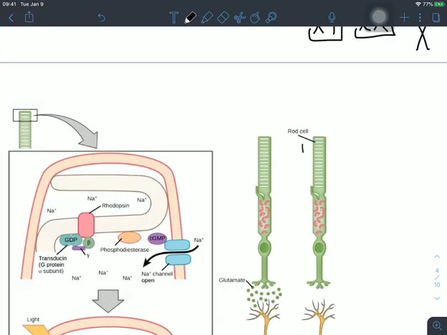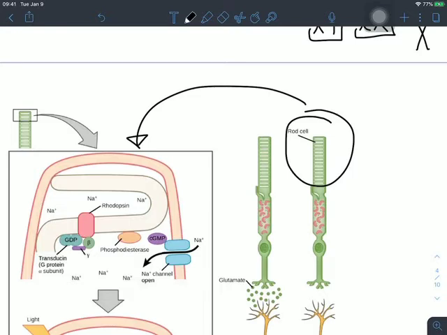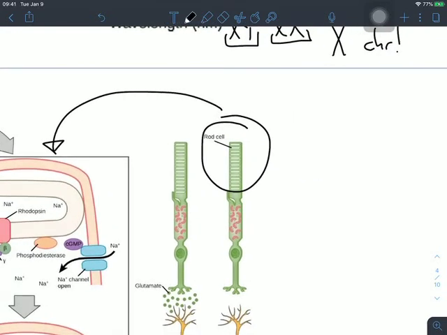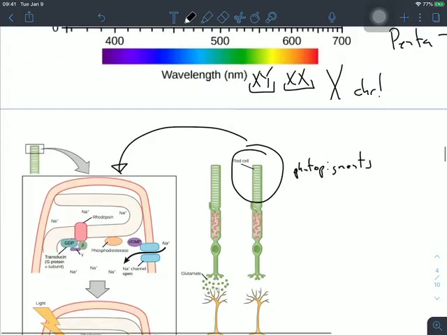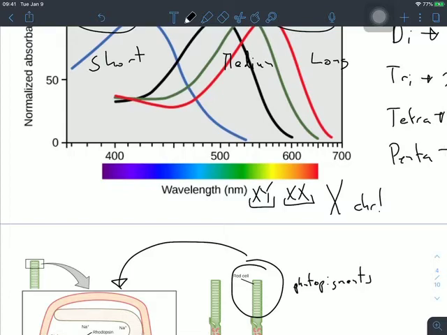This is an example of a rod cell that has this receptor at the top, and this receptor is modeled here. If you wanted to see what a cone cell looks like, you replace that top rod part with photopigments. Those photopigments being those M, L, and S that focus on different wavelengths of light.